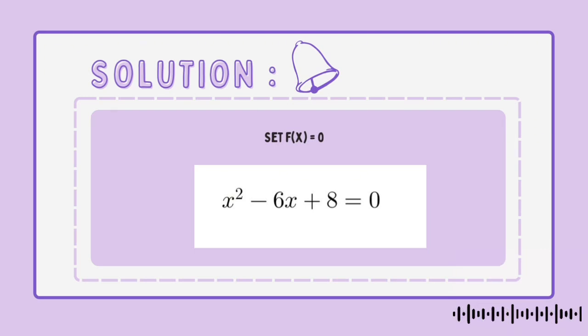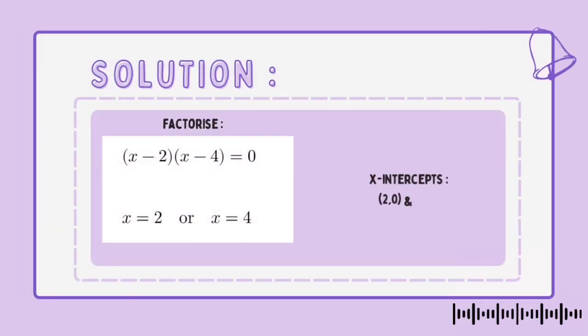We solve the quadratic equation x squared minus 6x plus 8 equals 0. We factor the equation into two brackets and obtain x equals 2 and x equals 4 after solving. Therefore, the x-intercepts are (2, 0) and (4, 0).